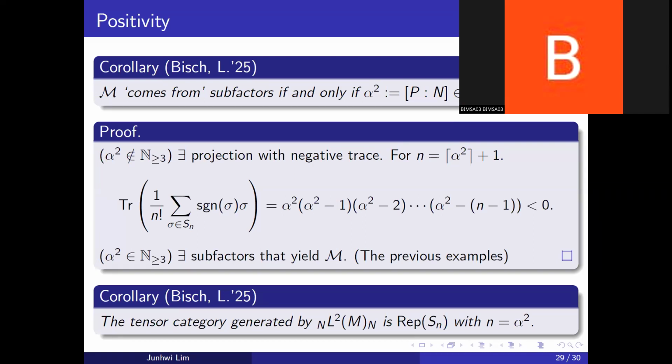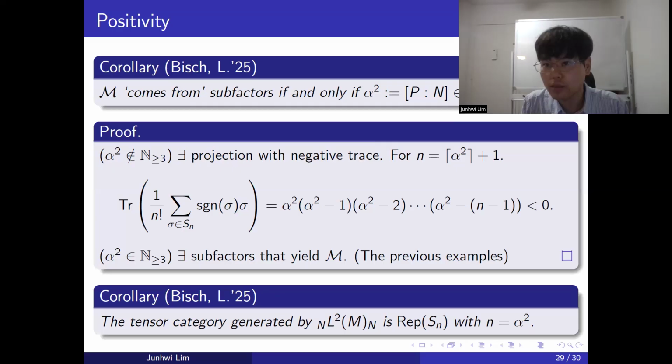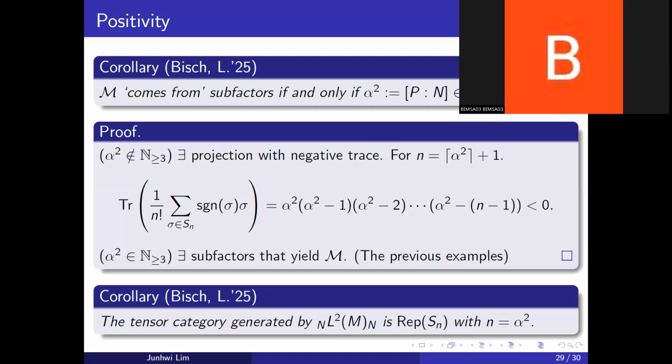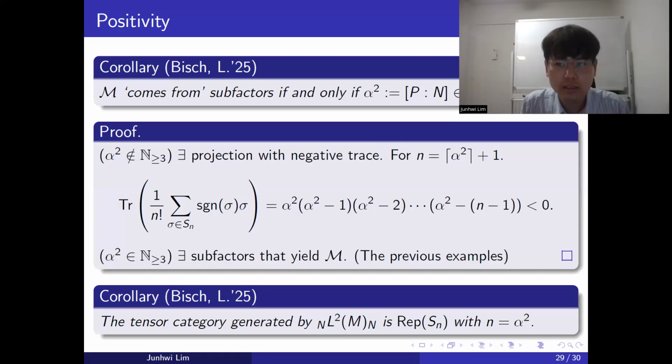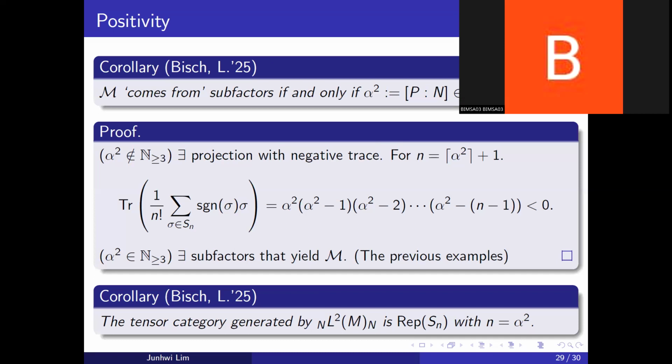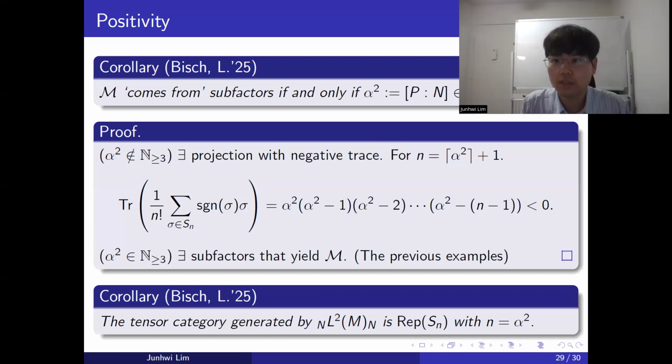You talked about the category when n is not an integer, and you said it fails to be positive. Right, you're right.